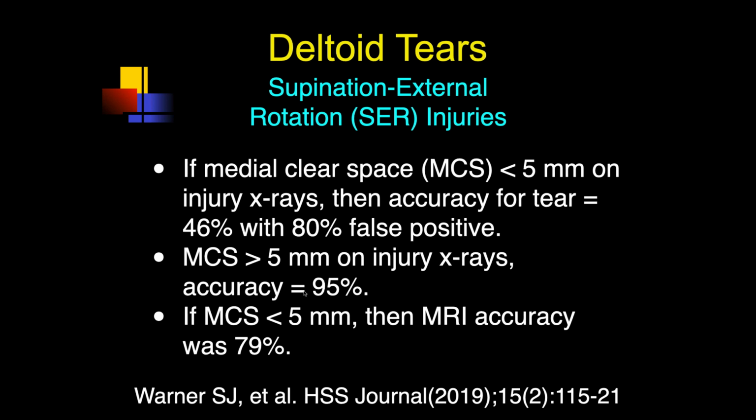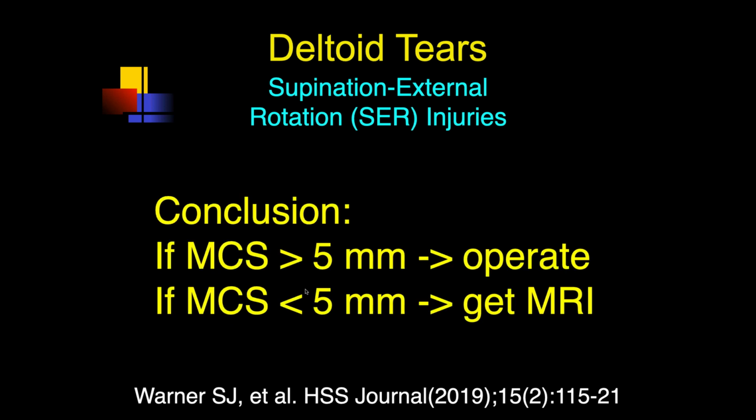Yeah, and then so this was just some data. If the medial clear space is less than 5 millimeters, then they claim the MR accuracy was about 80%. One of the things about this area is you cannot allow the ankle talus and the tibia to be separated. You cannot allow any distance between the two.